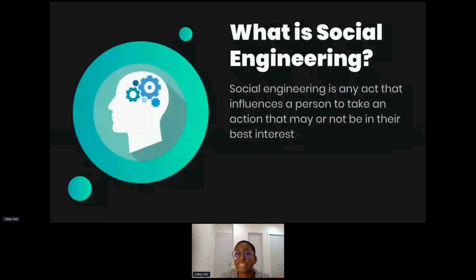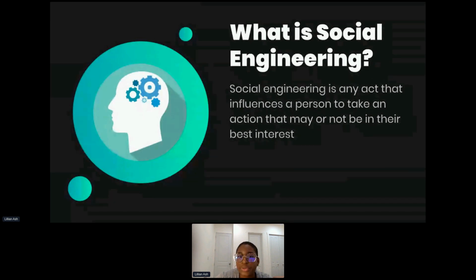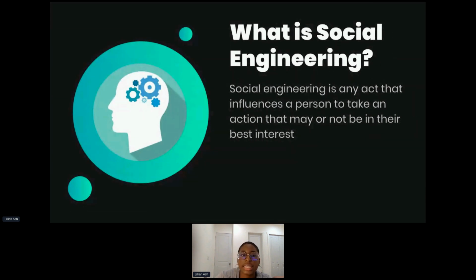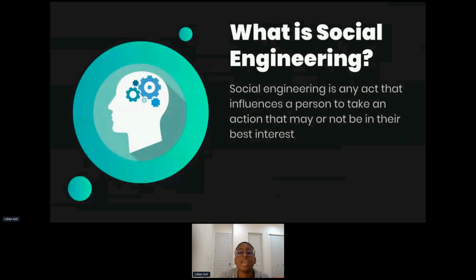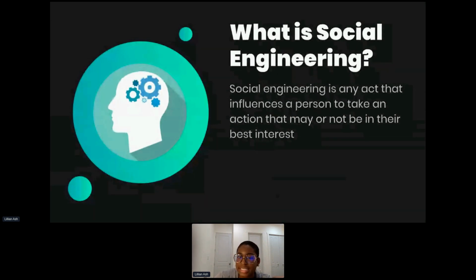So let's define social engineering. The definition of social engineering is any act that influences a person to take an action that may or may not be in their best interest. Social engineering takes the way that humans are designed and exploits those vulnerabilities. That definition is pretty broad because the intent isn't always malicious.